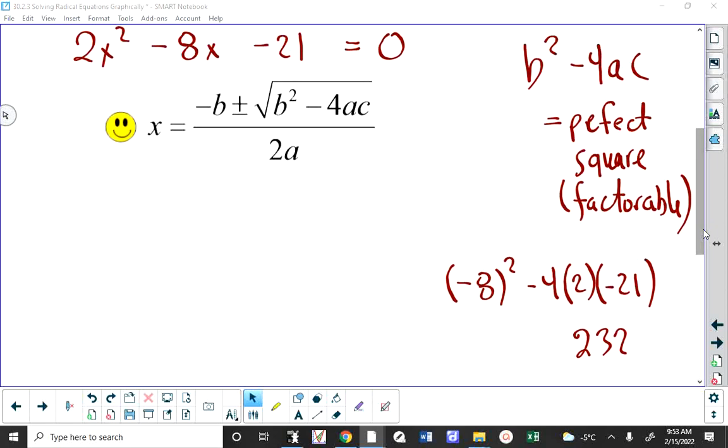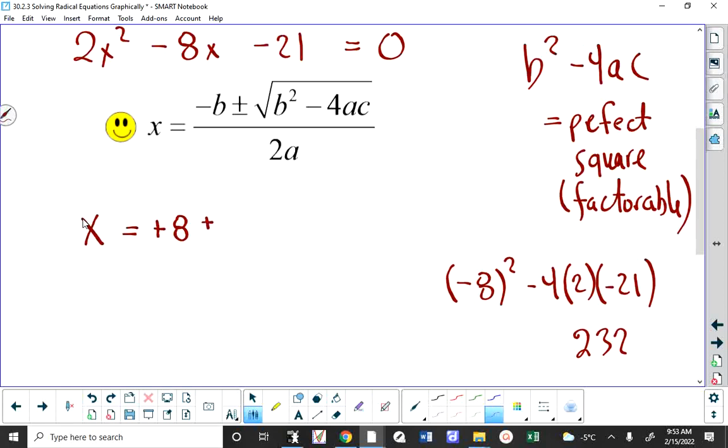So this becomes x equals negative b. If b is negative 8, then negative b is 8, plus or minus root 232, all over 2a, which is 4. Are you with me? Okay.